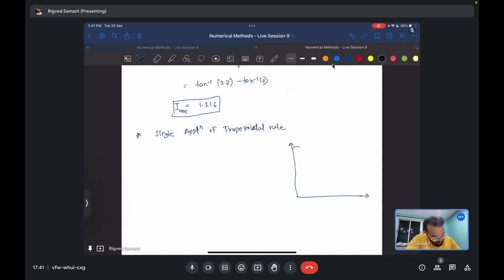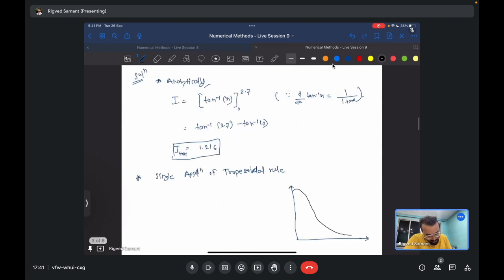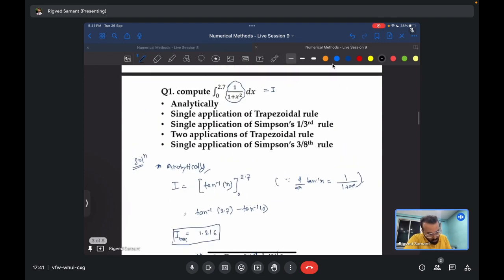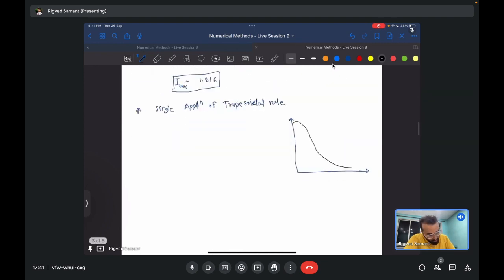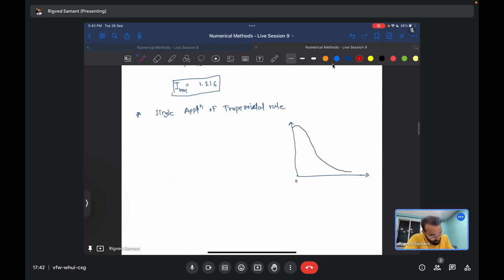So let's say there is a curve like this. What it is saying is, from 0 to 2.7, the curve might go somewhere like this, and you find its integral, meaning you find the area under this curve. That's what your question is.